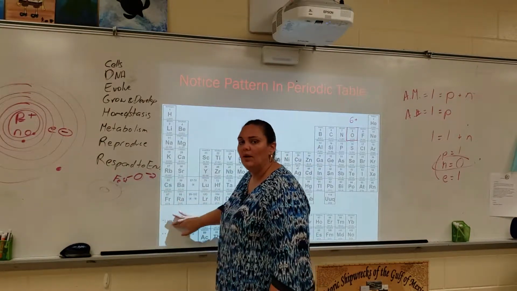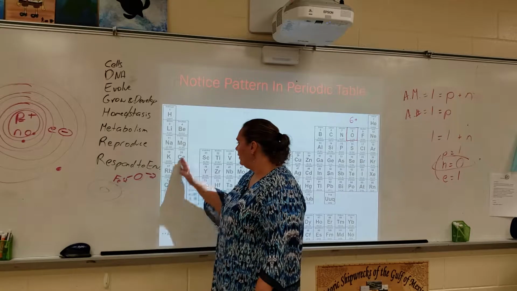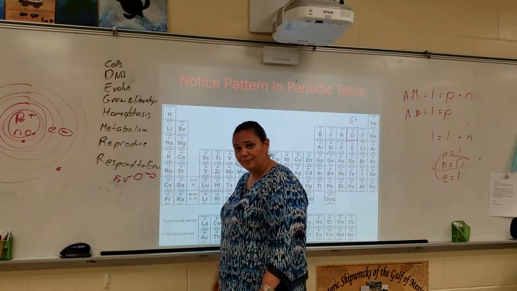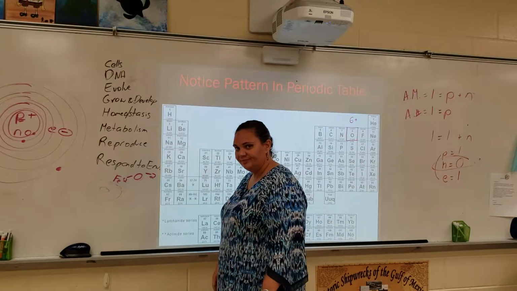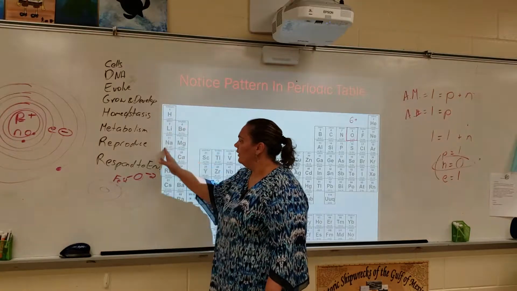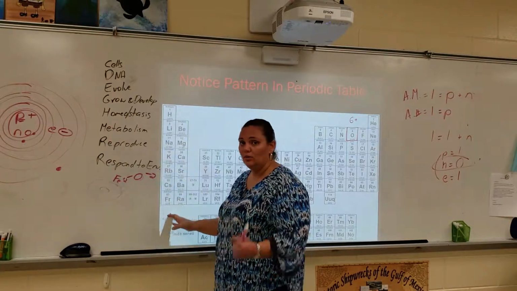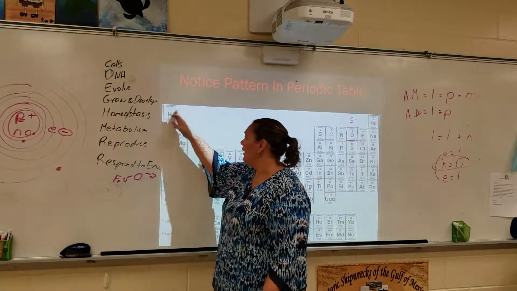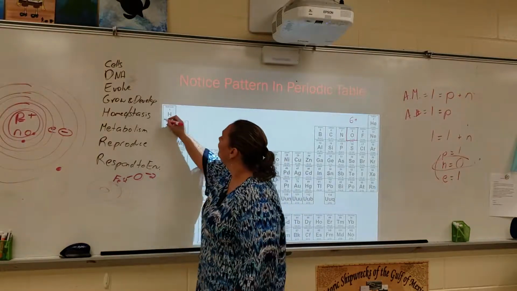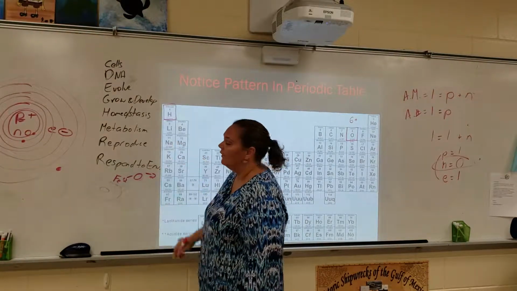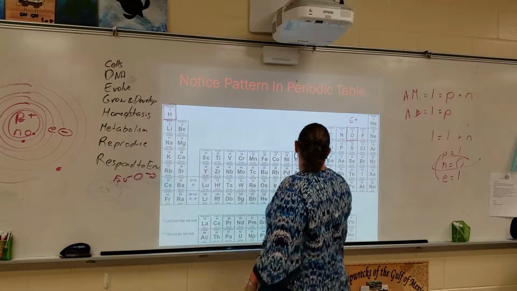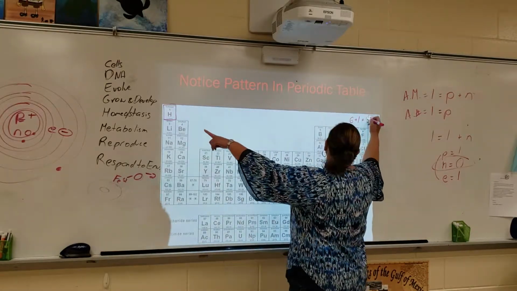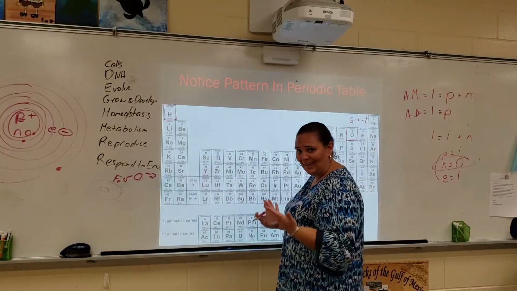Is that the only way he's going to bond to get to 8? What else could he do? Could he bond with group 1 twice? Yeah. Look at that. Here's your hydrogen. 6 plus 1 plus 1 gives you 8.